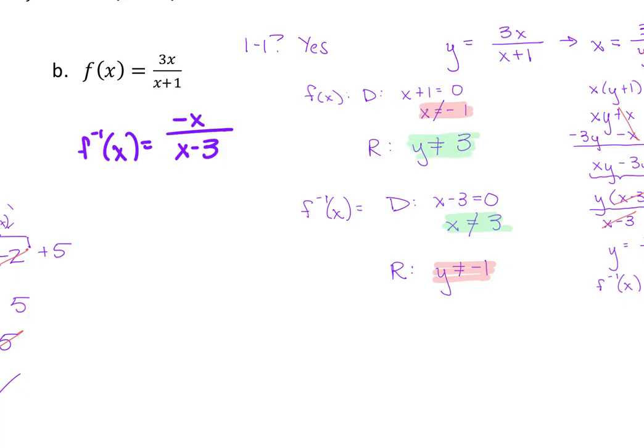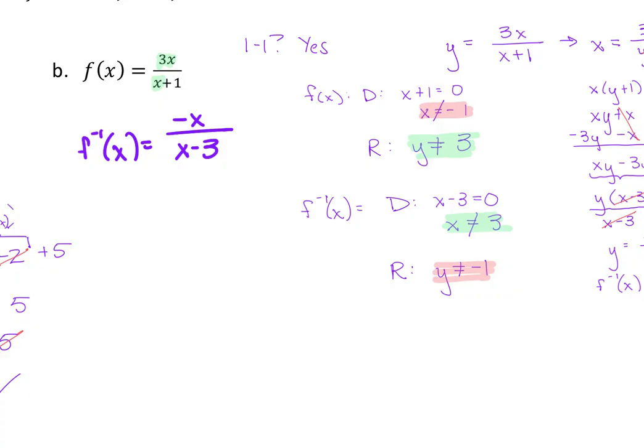Our range has to do with the horizontal asymptote. And so for our original function, if we look at the leading terms, what we have is a horizontal asymptote of y equals 3. That's the same thing as our range for basic ones.